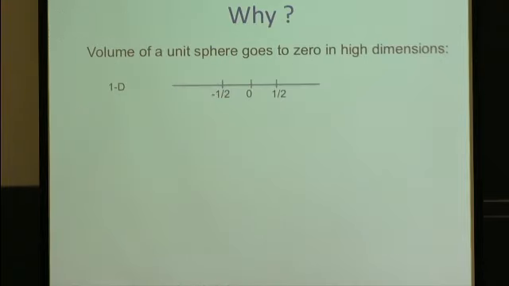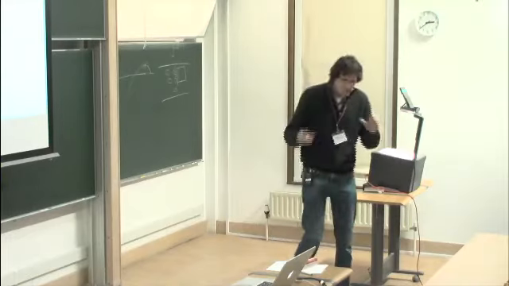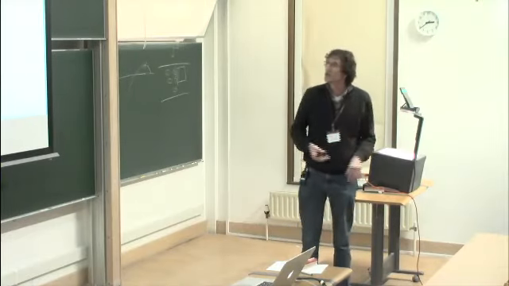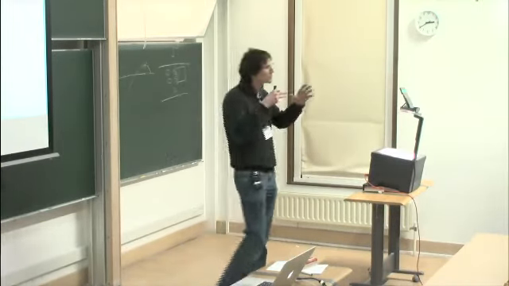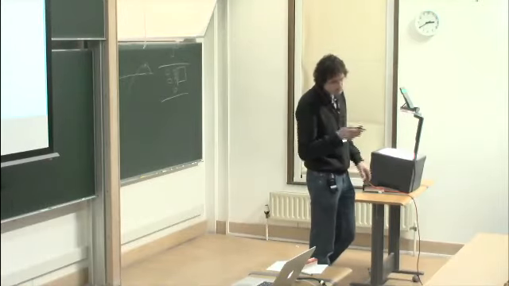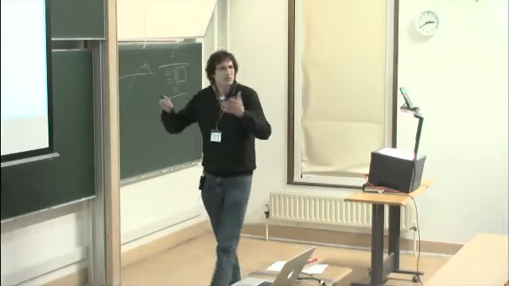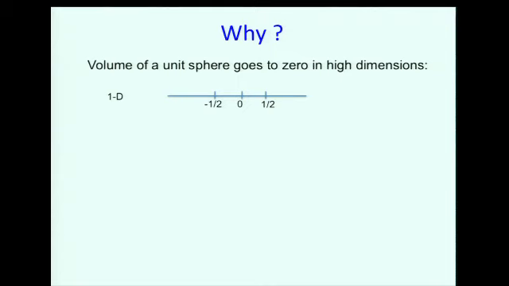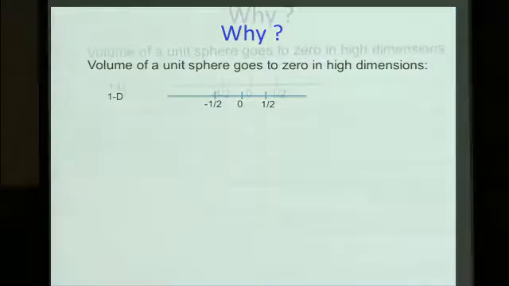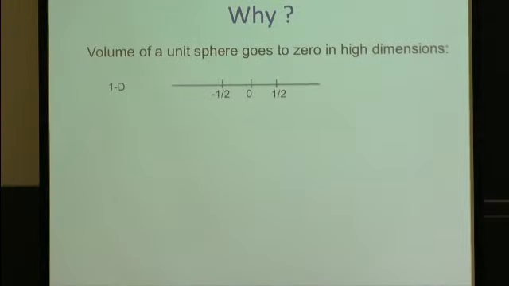Now, if we continue along these lines, one of the questions is why is this happening? The thing is that the volume of a unit sphere in a high dimensional system goes to 0 quite rapidly. And it's easy to get some feeling for it. If you look at the one-dimensional system, I take a unit cube.